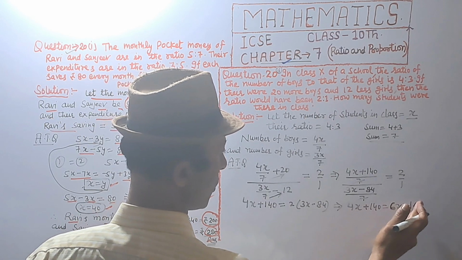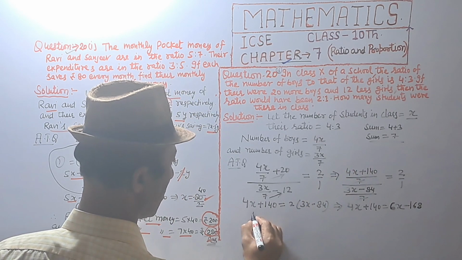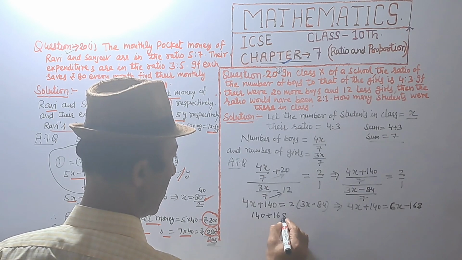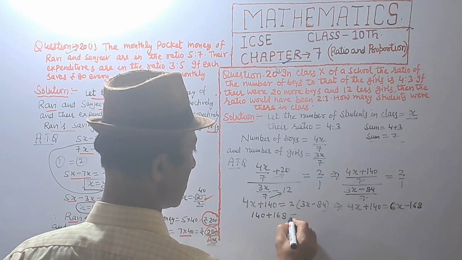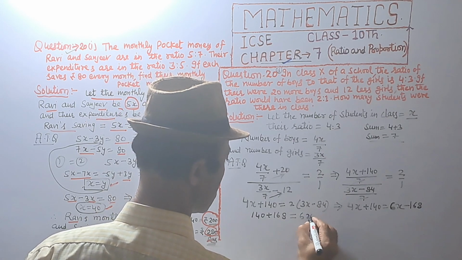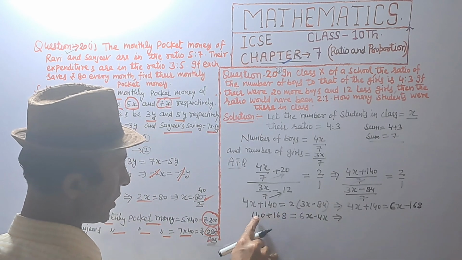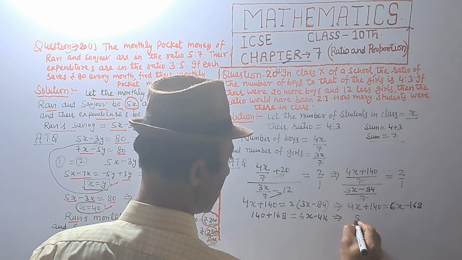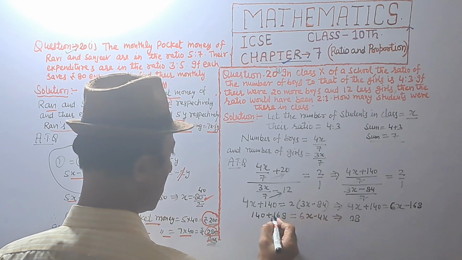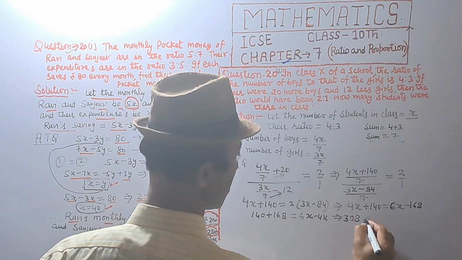We are shifting 168 to the left side and 4x to the right side. 140 plus 168 is equal to 6x minus 4x, which implies 308 is equal to 2x.